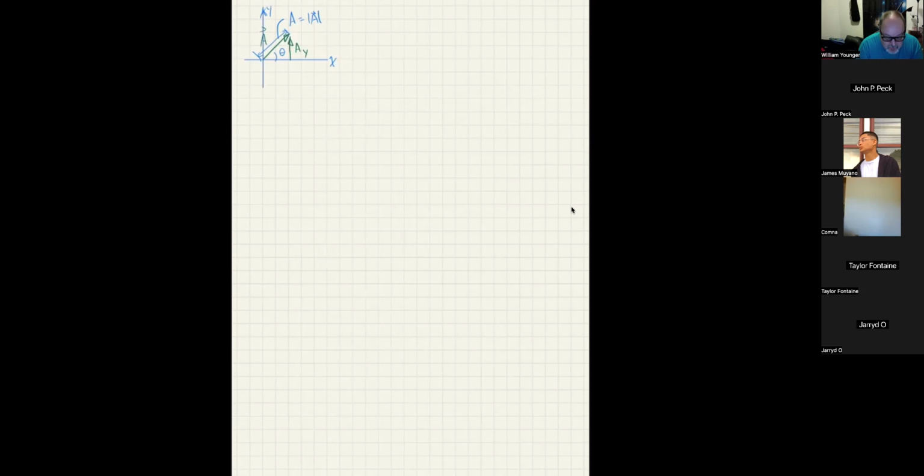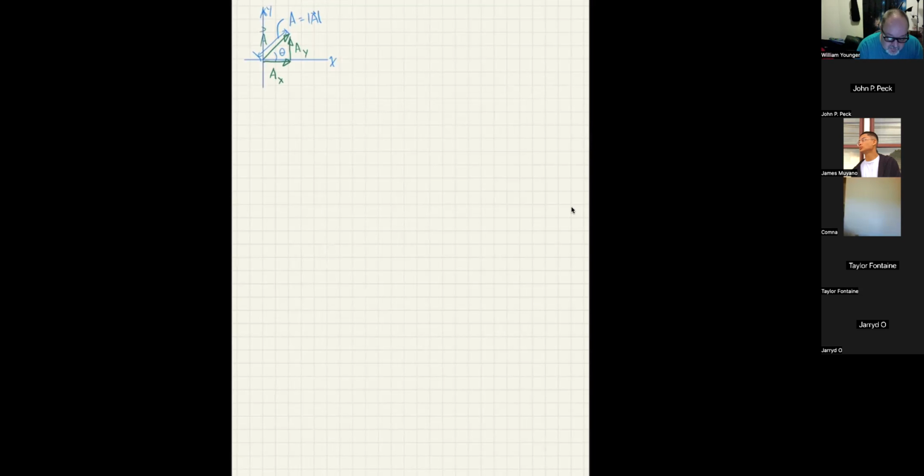And then there's another one, and I normally use the word shadow, so that's a nice way of thinking about it. Here's the shadow of A on the x-axis. And of course, that's also parallel or anti-parallel to the x-axis. In this case, you can see that both A_y and A_x are positive.